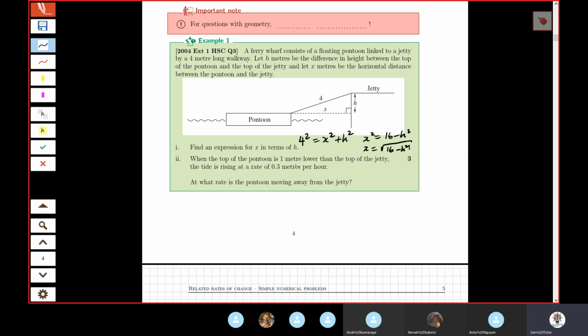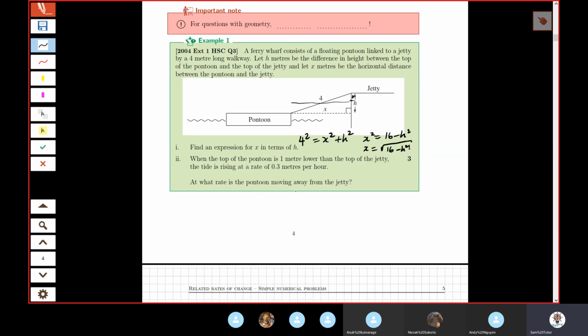When the top of the pontoon is 1 meter lower than the top of the jetty, the tide is rising at a rate of 0.3 meters per hour. So when it's just about here, 1 meter below the top of the jetty, the tide is rising at a rate of 0.3 meters per hour.